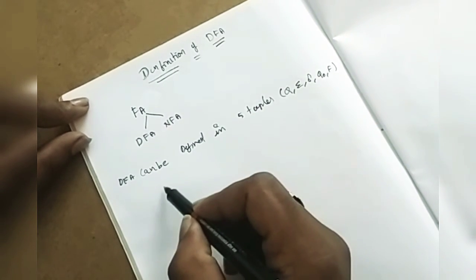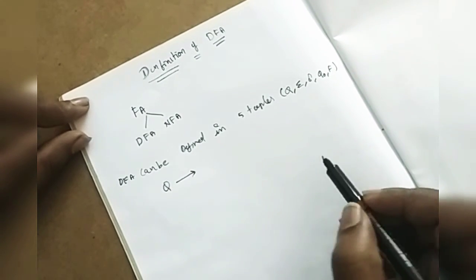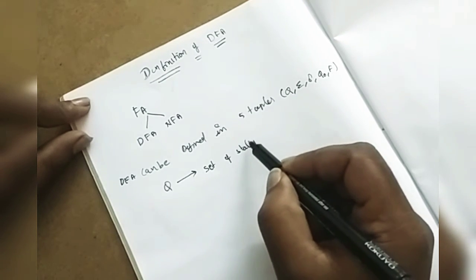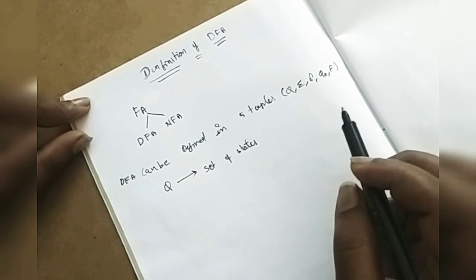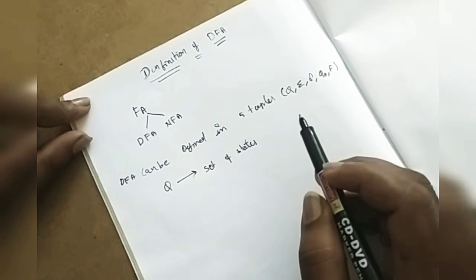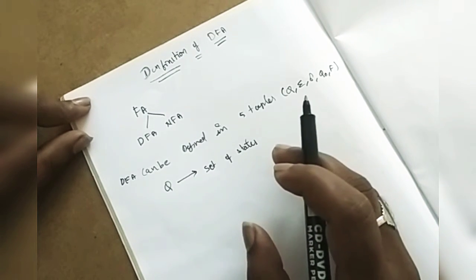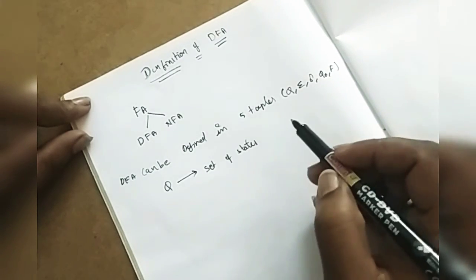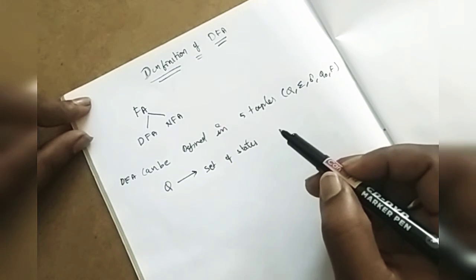Okay, Q. Q is the set of states of the DFA. There are some properties which you will get in bits also. You need to know about each and every entity in detail. If I say Q is a set of states, there should be at least one state.